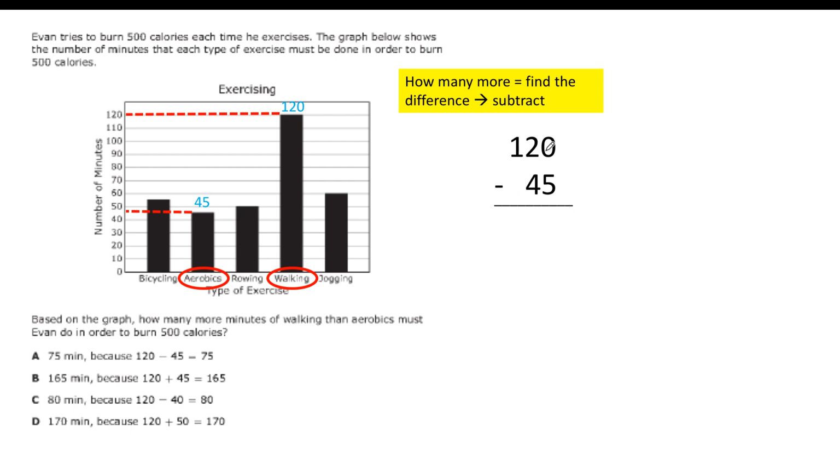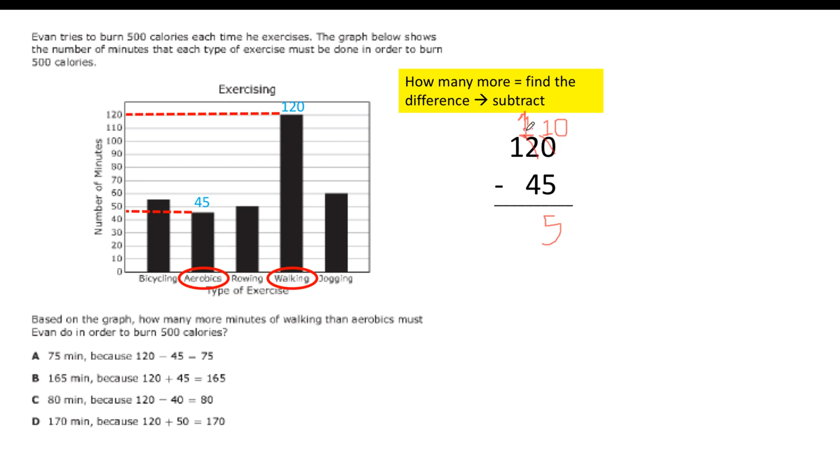Okay, let's check your work. So we know that we can't do 0 minus 5 because that will be a negative number. So I'm going to go over here and borrow from the 110. And I'm going to add a 10 here, and this is going to become 10. 10 minus 5 is, you got it, 5. This is a 1. Whoops.